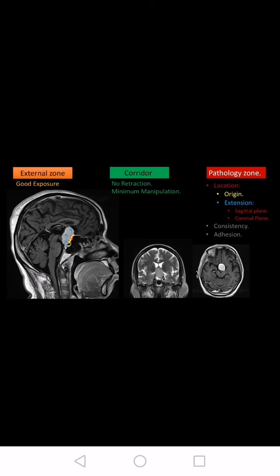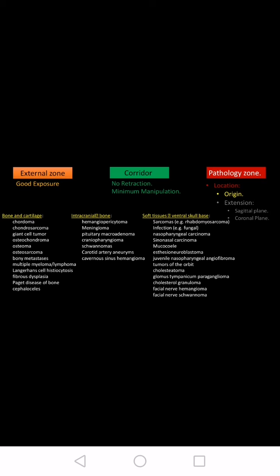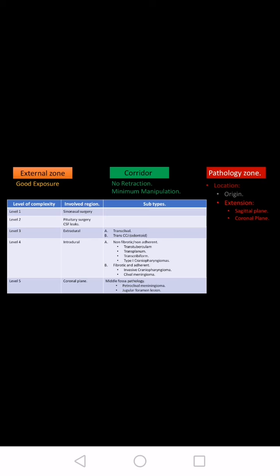Very rarely we need an angiogram, if we're worried about bleeding and hypervascularity of the pathology. But you need to understand the location, exact origin of the tumor, the extension of the tumor, the type of the tumor, and the consistency of the tumor.